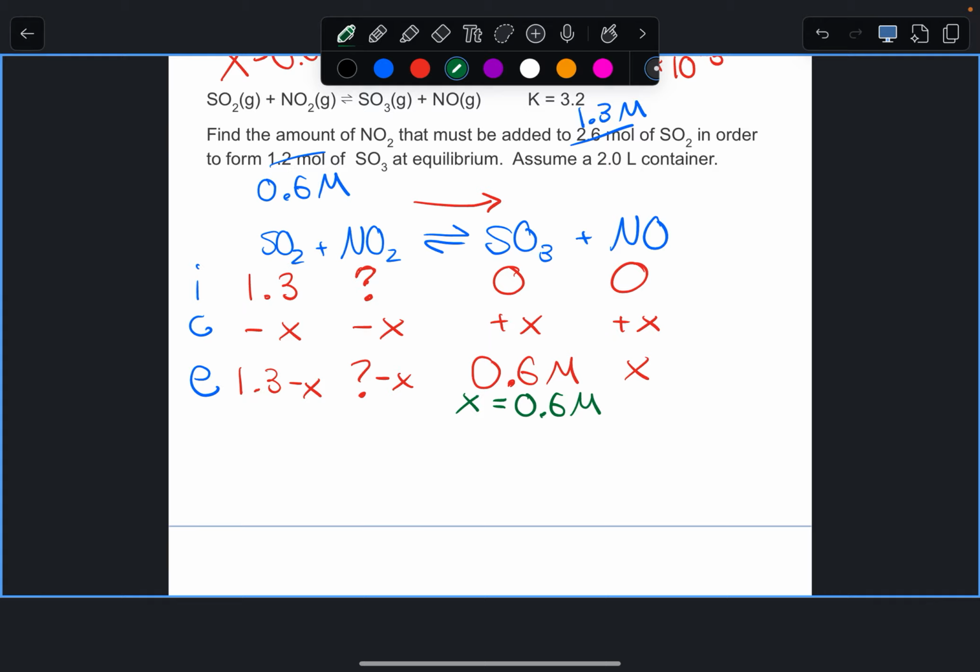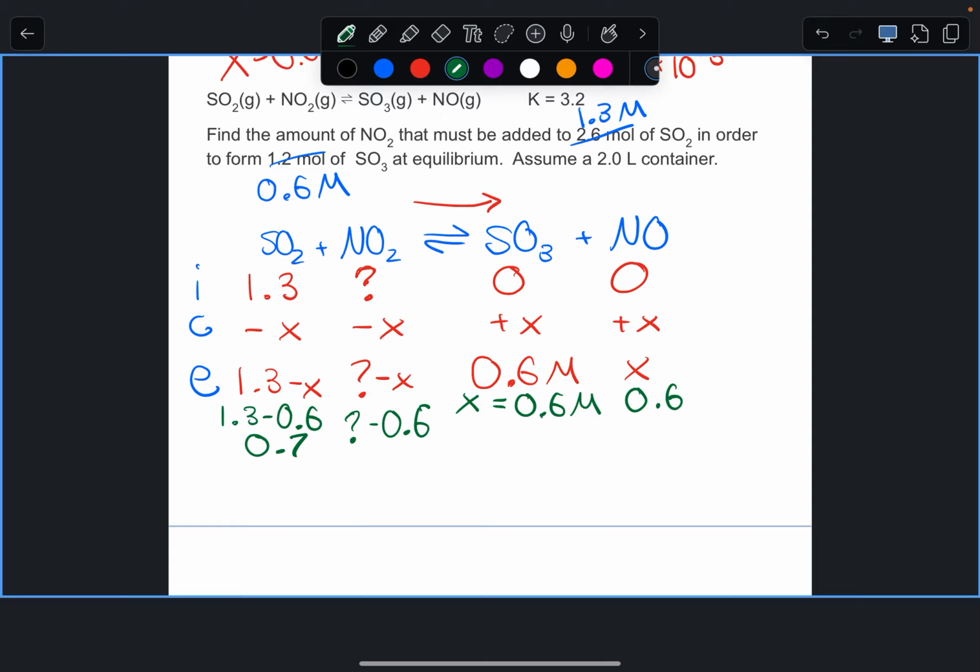So now, knowing that x is 0.6, I can go fill in everything else and eliminate that as a variable. So I can say, okay, NO is 0.6, SO2 is 1.3 minus 0.6 or 0.7, and then this one is still question mark minus 0.6.